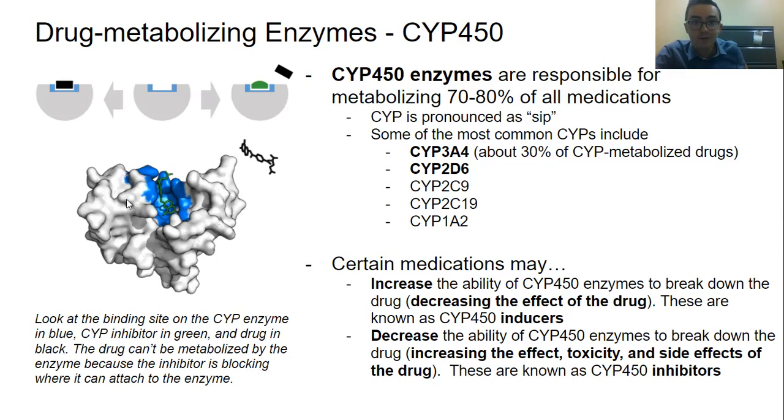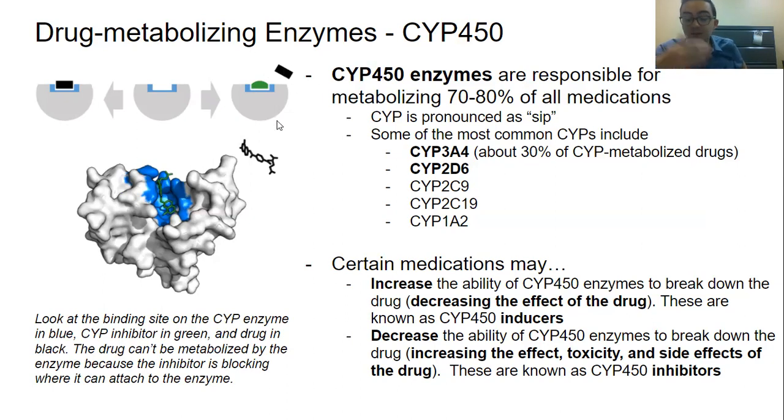and then have its therapeutic effect. What ends up happening though is when we have that inhibitor in there, it's like having a key already in the lock. The drug can't reach and attach to the enzyme because the inhibitor is blocking it. So it just stays in the blood and builds up there.